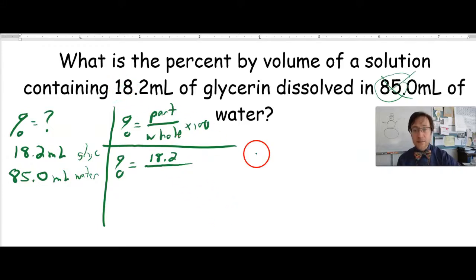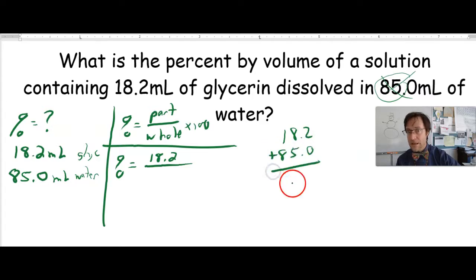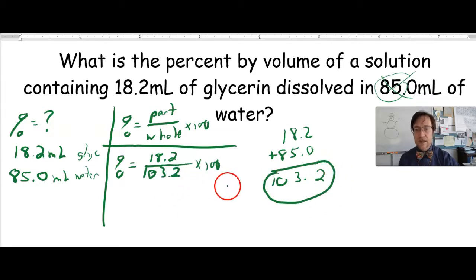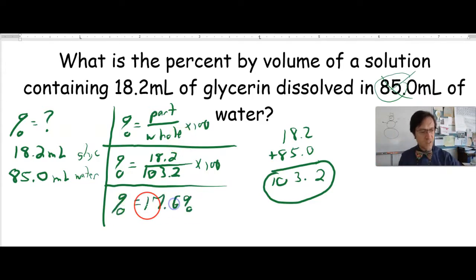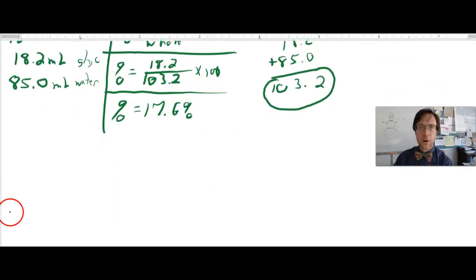So that'll be 18.2 plus 85. We're going to add them together, because this tells us the volume of the entire solution. Now that we're set up, with the part divided by the actual whole thing, go to math. And then we write down the answer, and we're a boss.